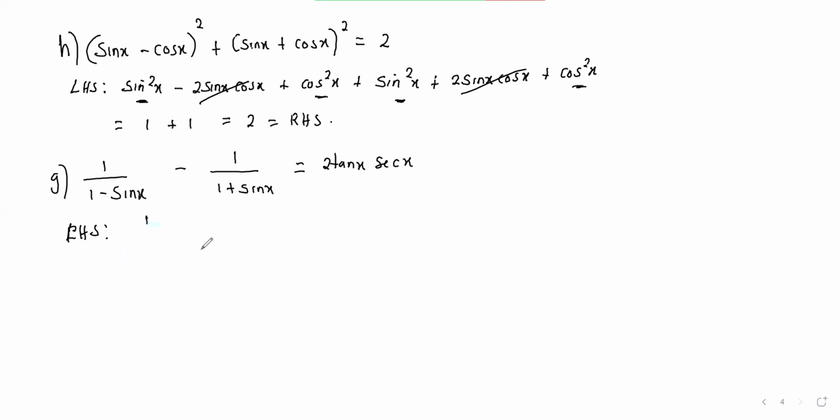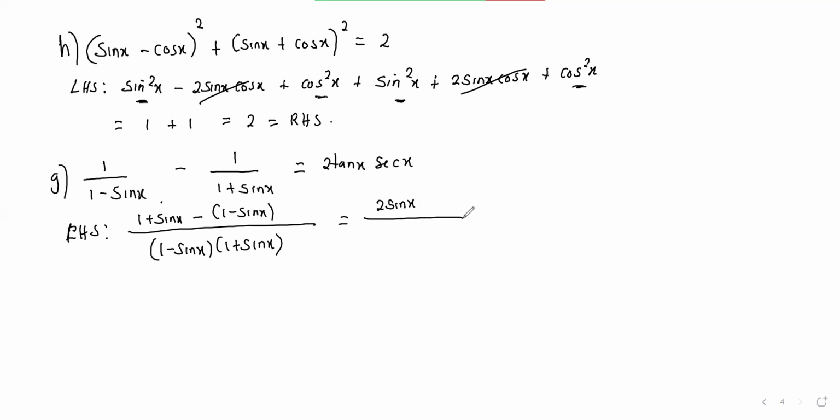So let's just do the part. The common denominator is 1 minus sin x, 1 plus sin x. And then up, we have 1 plus sin x minus 1 minus sin x, so that the ones will go, and then we have 2 sin x over, we conjugate, we're going to have 1 minus sin squared x.